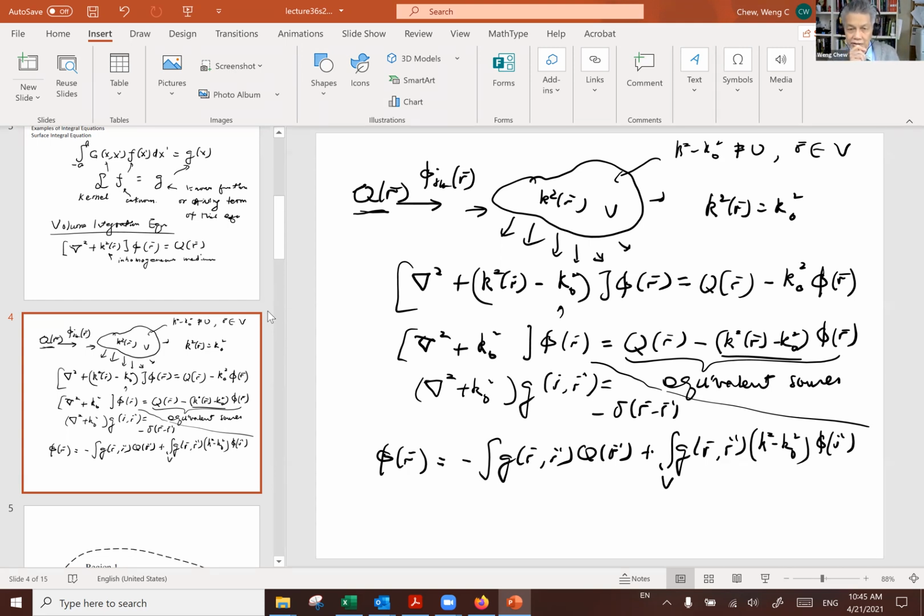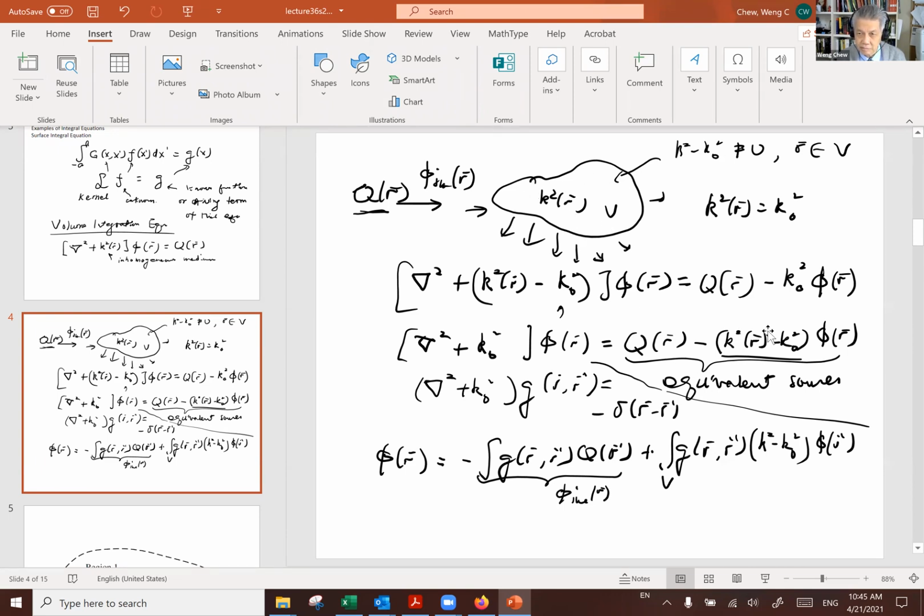I have written this equation in such a way that everything is in terms of integrals. Okay, and this first term is the field generated by q in the absence of the scatterer. So I would call this the incident field. Okay, the second term is due to the fact that I have an inhomogeneous medium here.